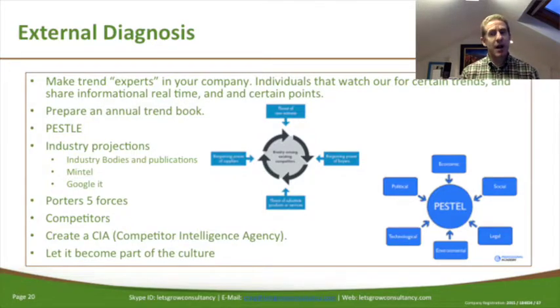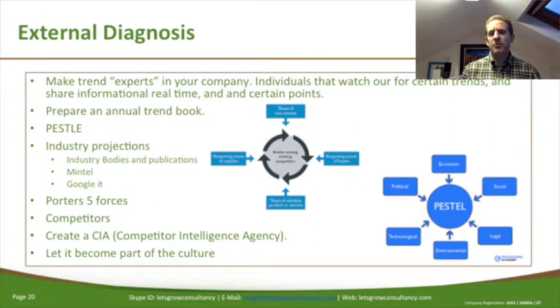Make sure you have some kind of competitor watch within your team. Something that I did before was we set up the CIA, or Competitor Intelligence Agency, just to keep an eye on big events, big programs, whether it be marketing or production or financial activities for our competitors, and let all of these ideas become part of the culture.